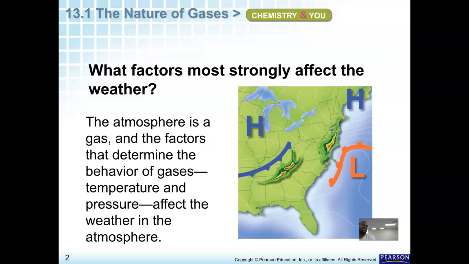The atmosphere is a gas, and the factors that determine the behavior of these gases are mainly temperature and pressure. Gases flow from areas of high pressure to areas of low pressure, which tells you that the difference of pressures in different areas affects how gases behave.